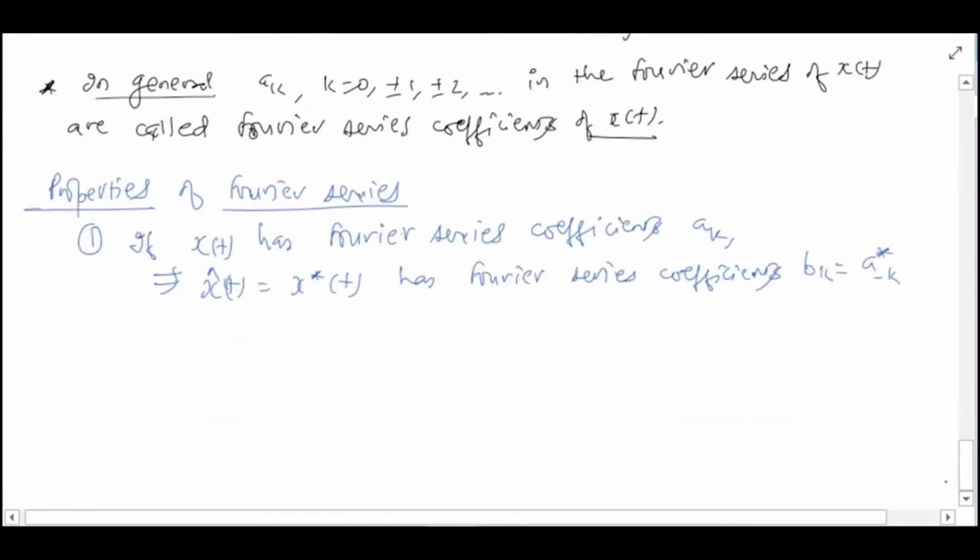This property is called conjugate symmetry property.